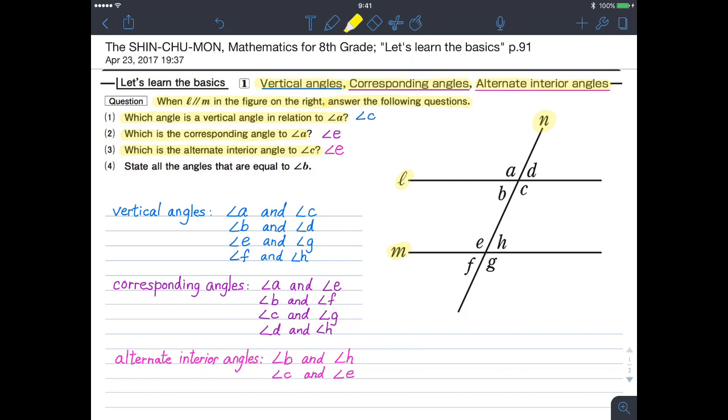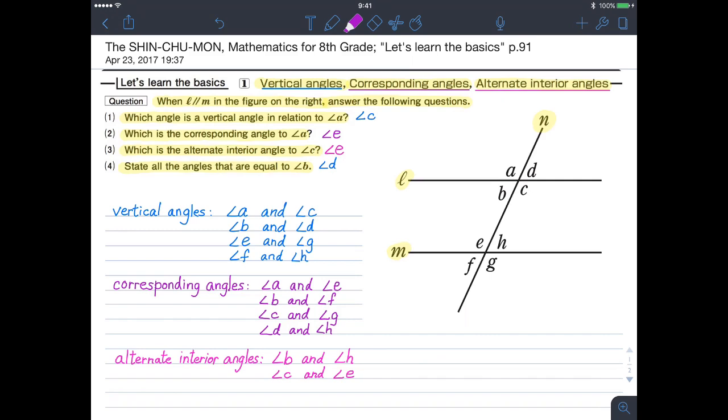And the final question asks, state all the angles that are equal to angle B. Now you may remember that vertical angles are equal. So notice that angle B is a vertical angle to angle D. Therefore, angle D is equal to angle B. Also, you may recall that corresponding angles are also equal.